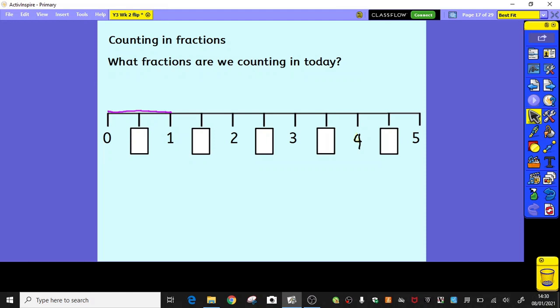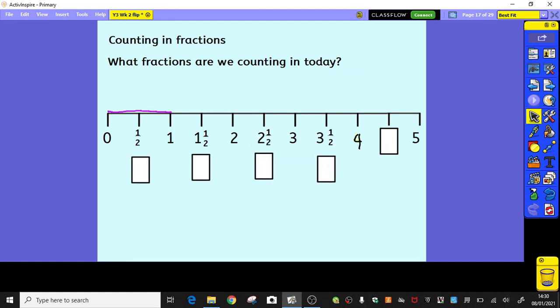Okay, let's have a look at it again. 0, a half, 1, 1 and a half, 2, 2 and a half, 3, 3 and a half, 4, 4 and a half, 5, and then we can carry on with a half in between each of our numbers.